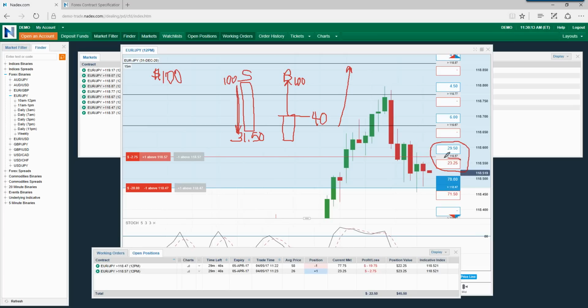So when you're looking at this red number on the sell side, that is telling me that there is only $15 remaining on the binary option. How did I come up with $100? That's just standard. The maximum payout on every binary option is $100.